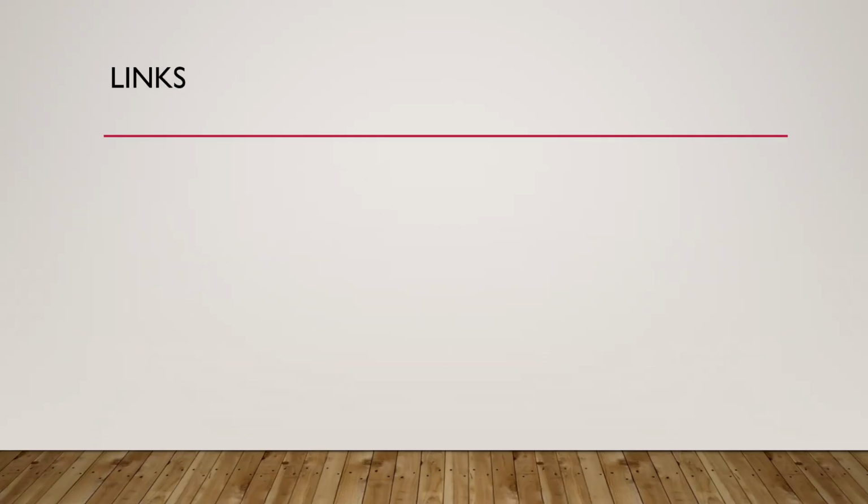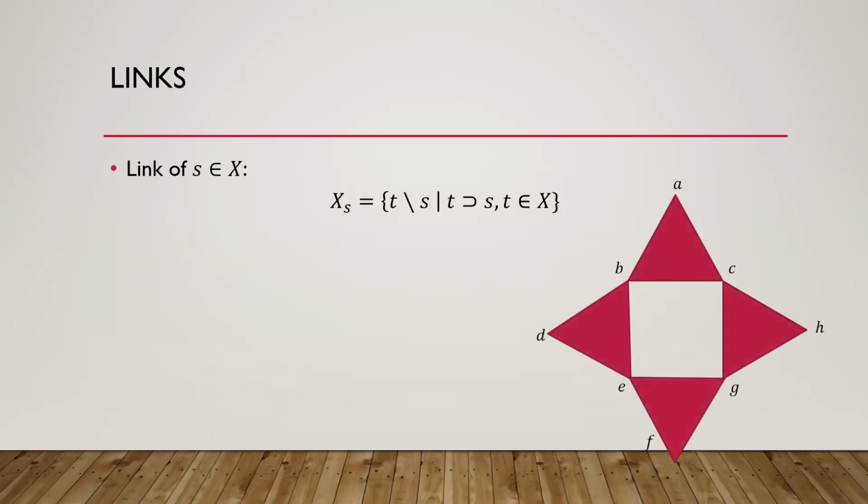The most important definition from yesterday is the definition of a link. So basically a link is our high-dimensional generalization of a neighborhood in a graph. Formally, a link of some face S is obtained by taking all the faces T that contain S and then removing S from them. And I like to actually visualize this pictorially.